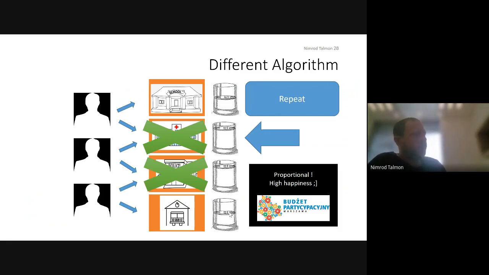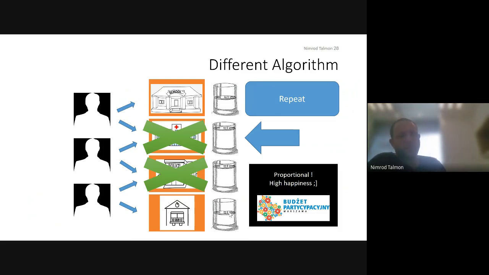We took the ballots that voters provided for the city, like real ballots. We ran the aggregation method that is used in Warsaw, which is this greedy approval, and we also ran this glasses algorithm. And indeed, we got different results.